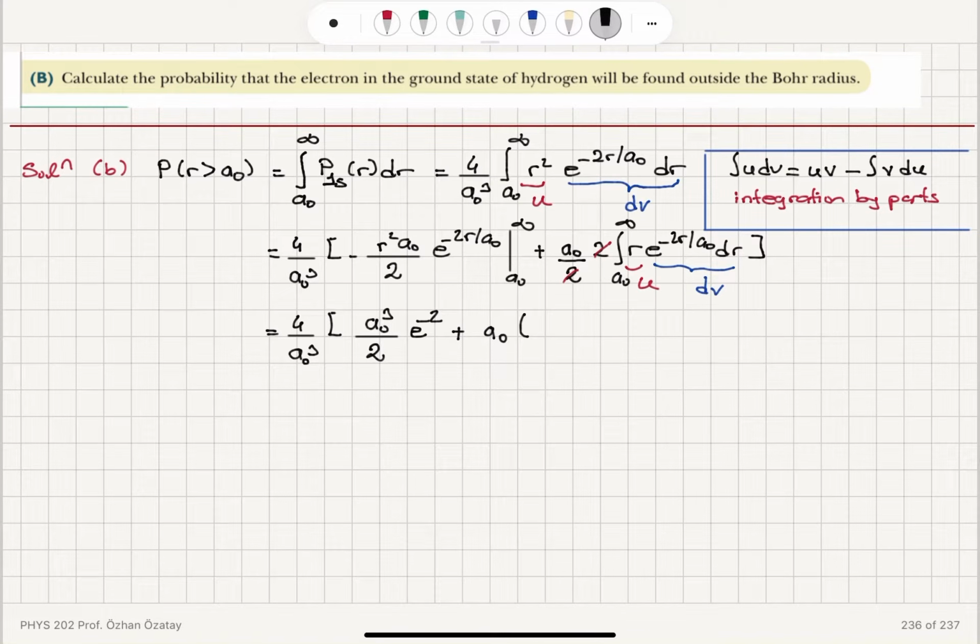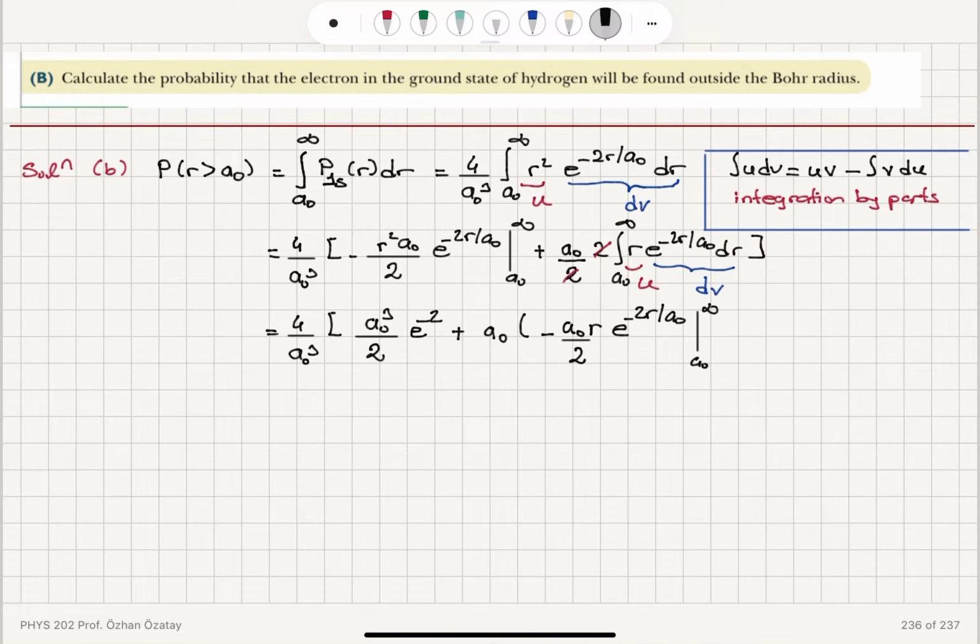So in a0 parentheses I have uv, which is the integral of e to the minus 2r over a0 dr. So that will give me, now including this a0 here, minus a0 over 2 exponential, and then I have the function u here, so it is u times the integral of this, so it is minus a0 r over 2 exponential minus 2r over a0, which should be evaluated between a0 and infinity.